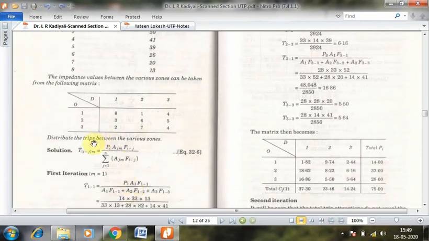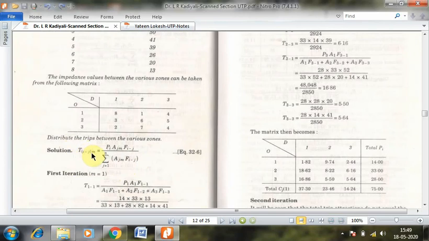Now this is the general equation that we are going to consider for solving this problem. I think you are already well versed with the equation. It has already been explained to you. So this is one such form of it.